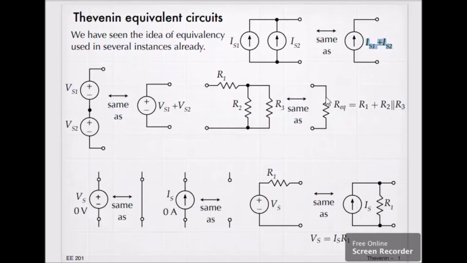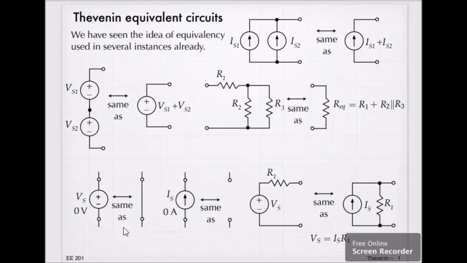And the resistors, we can also combine them. If we combine these three resistors, this would be in parallel and then in series, so we will have R equivalent, which is equal to R1 plus R2 parallel R3.